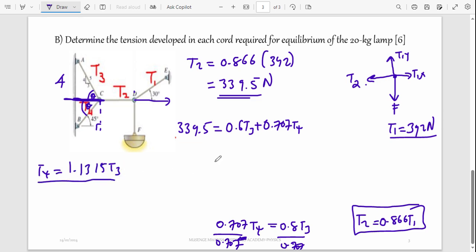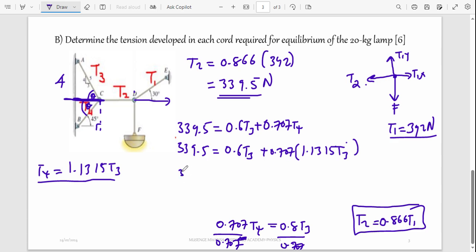So where there is T4 in this equation I've written here, I'm going to substitute that. So this will become 339.5 is equal to 0.6 T3 plus 0.707. Where there is T4, we are substituting 1.1315 T3.